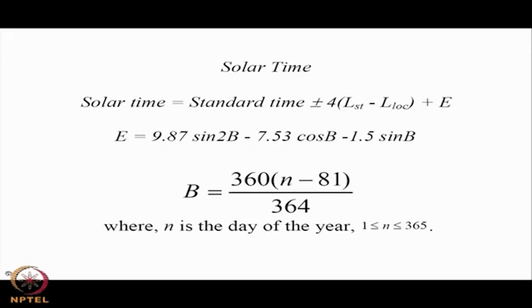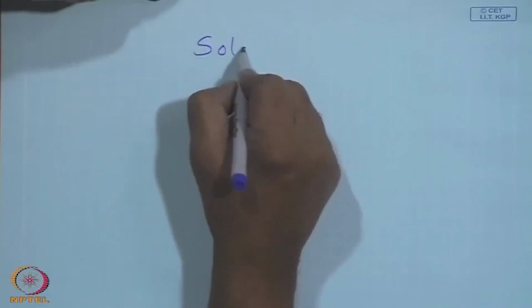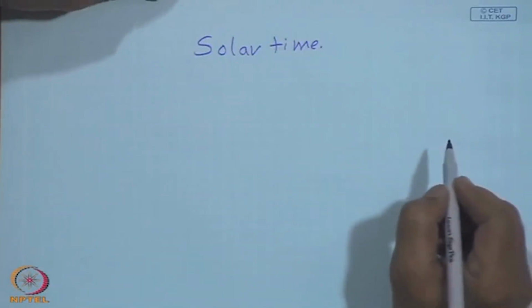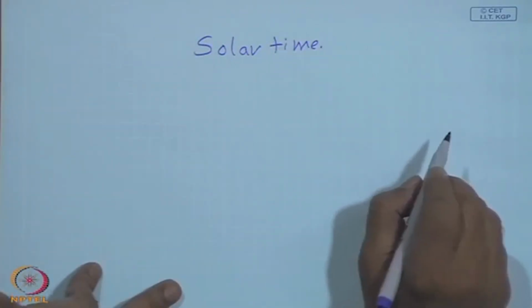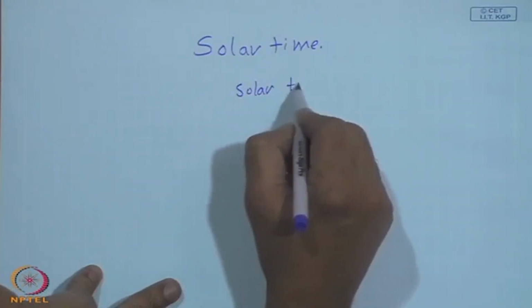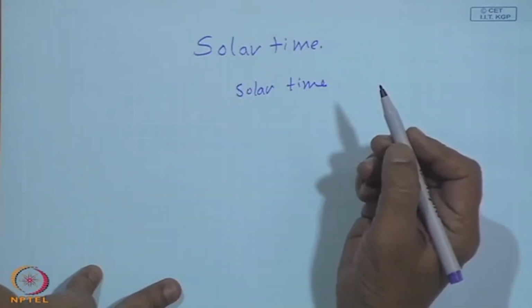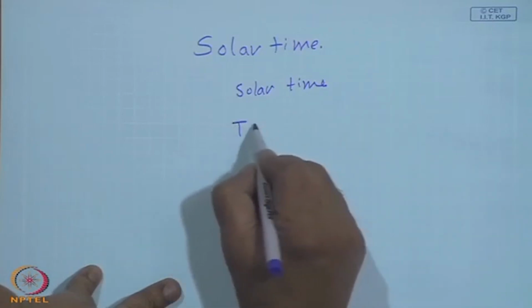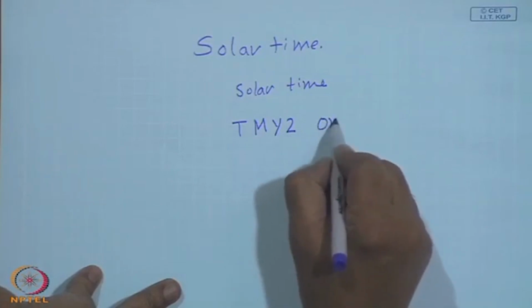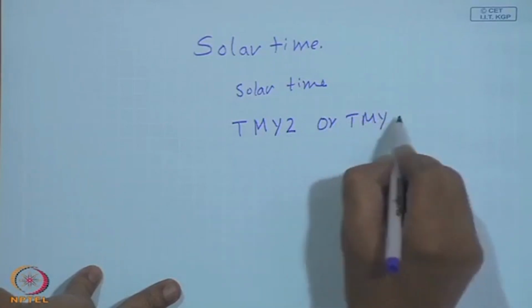Now, this is one thing we have to be considering, that is solar time, and unless otherwise stated, we mean solar time throughout this course, and most of the data is given in solar time. For example, one of the sources is TMY2 or TMY3.